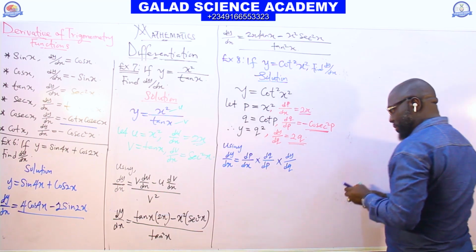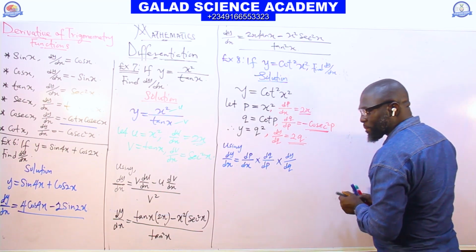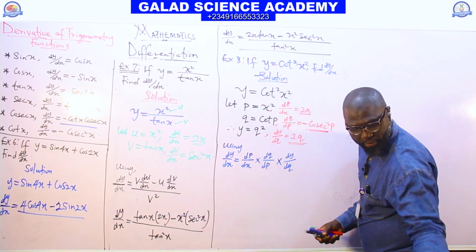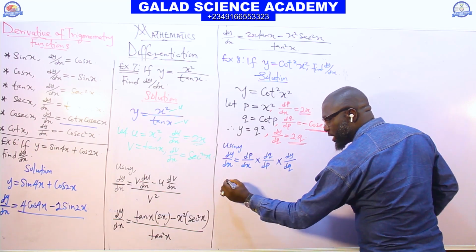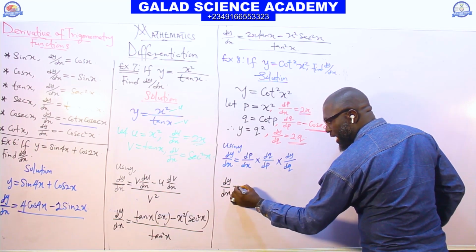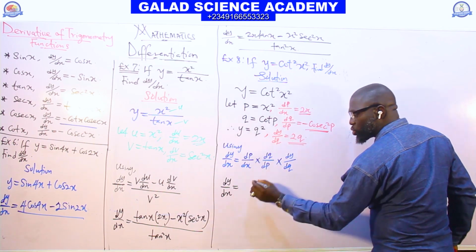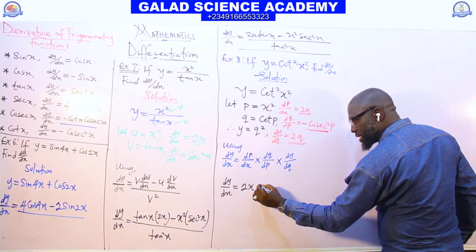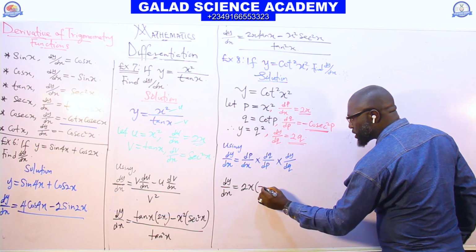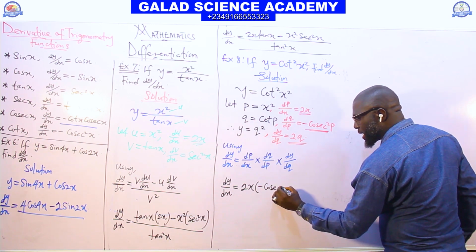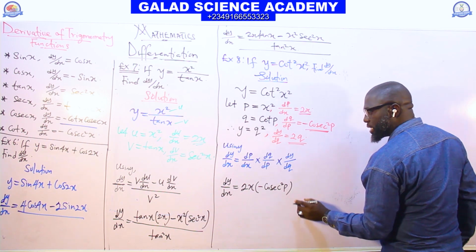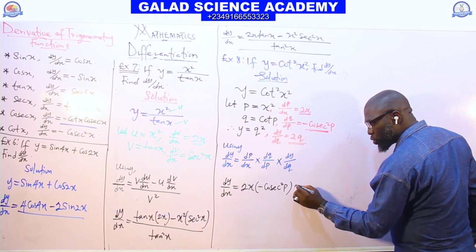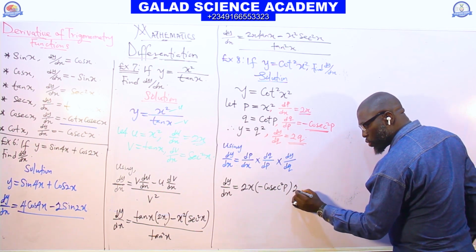So the next step: dy dx. The dP dx is 2x. The dQ dP is minus cosec square P. And dy dQ gives us 2Q.